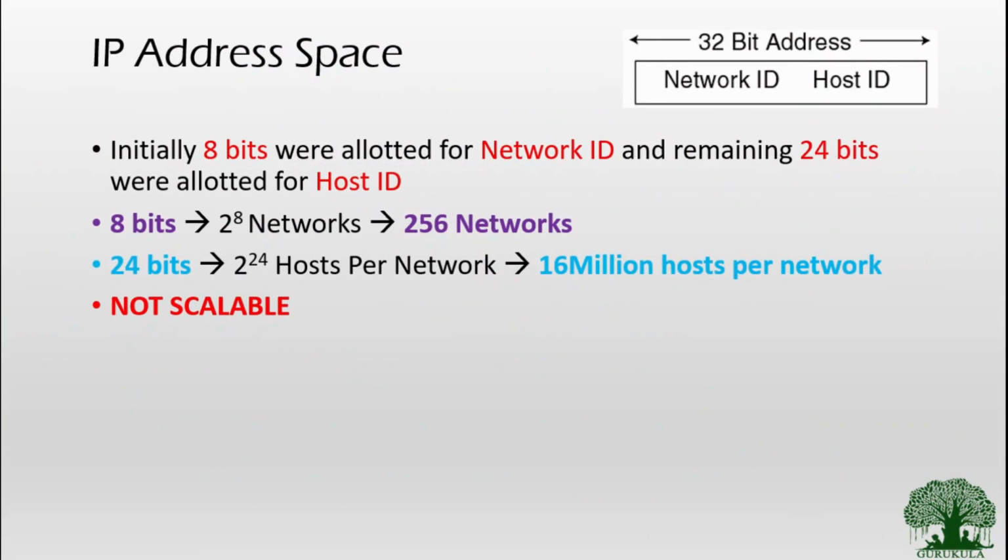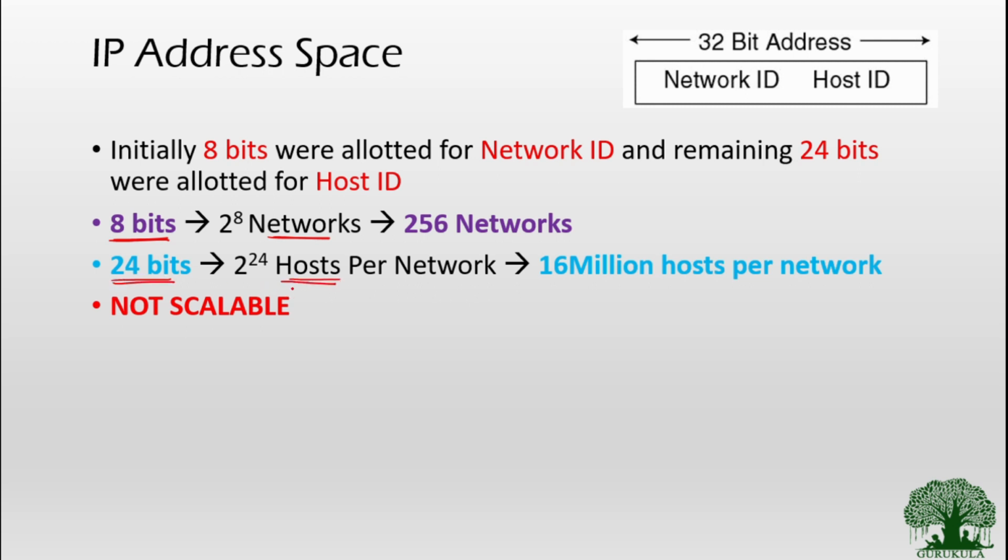Initially, when IP addresses were introduced, it was blindly calculated that out of 32 bits, 8 bits were allocated to form the network, and 24 bits were allocated to form the host.